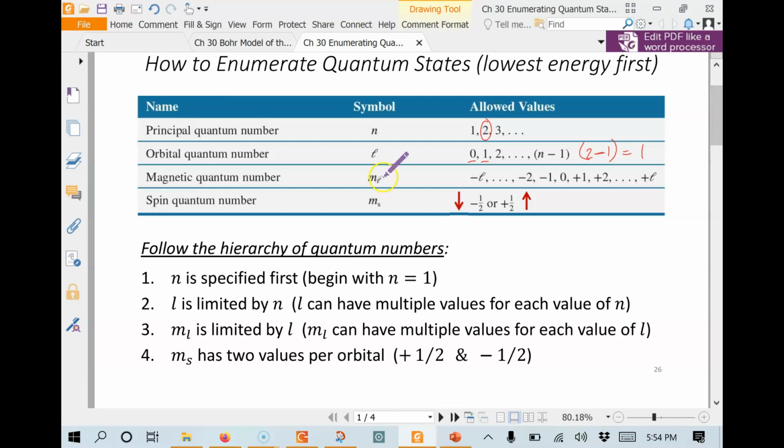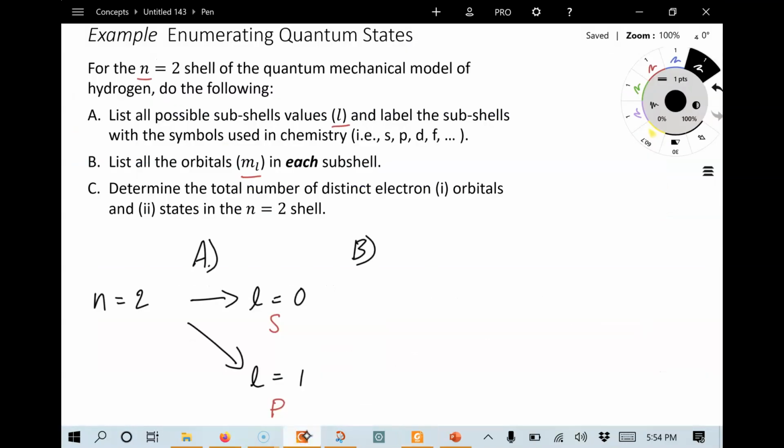Whatever the value of L is, you can have different orbitals that range from minus L up to plus L. Now, if L equals 0, then it's only going to be 0 because you go from 0 to 0, that's it, right? So for L equals 0, there's only one possible orbital. It's going to be M sub L equals 0.